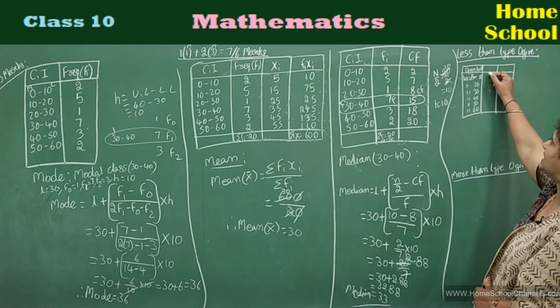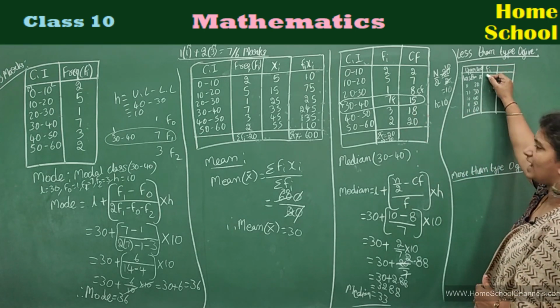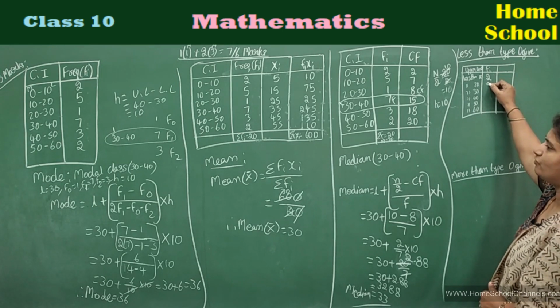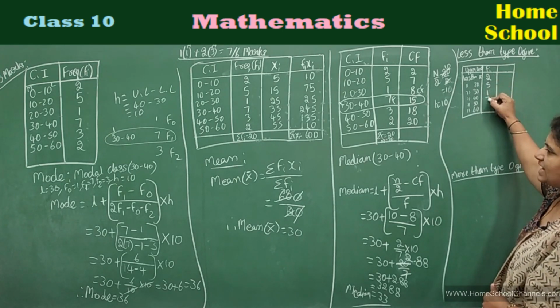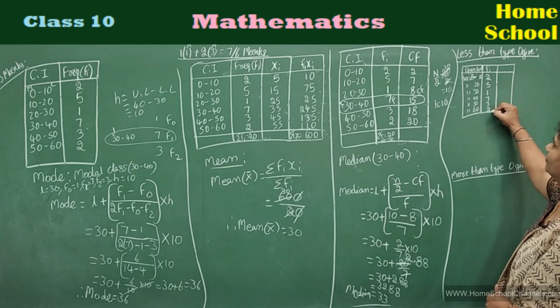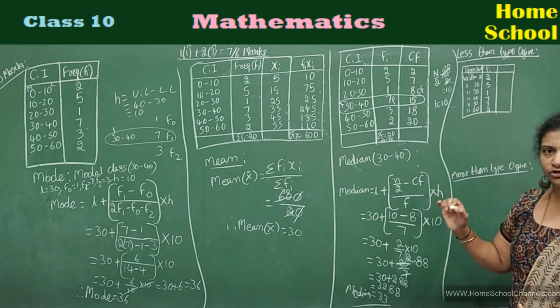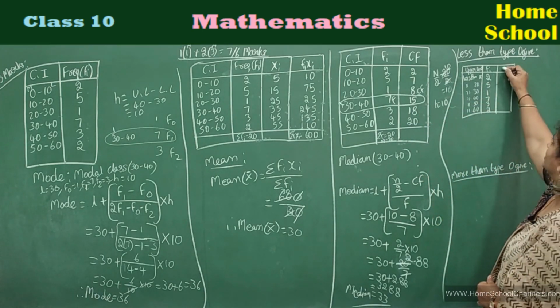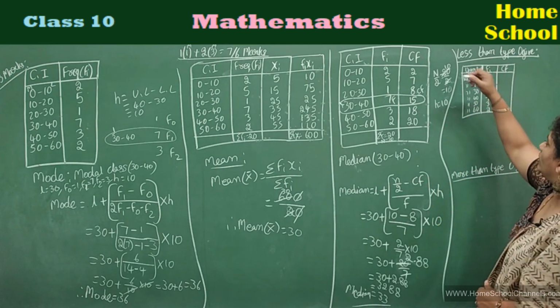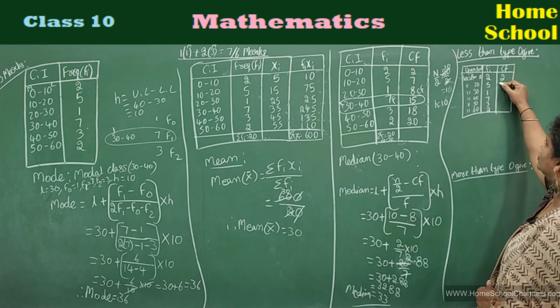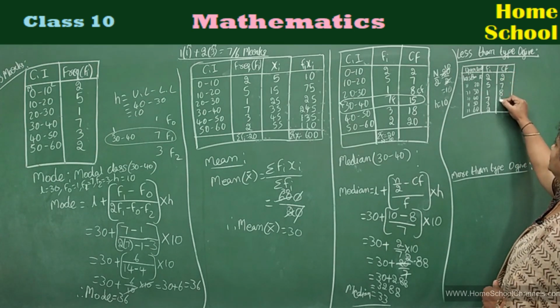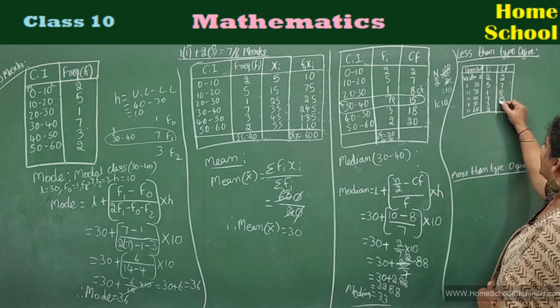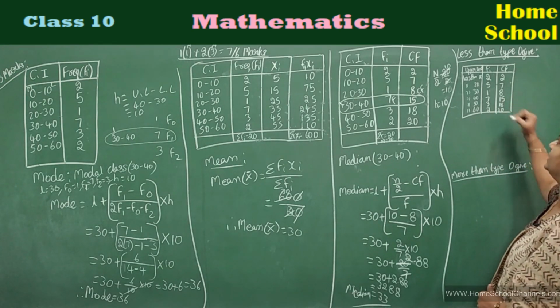Coming to frequency, take the frequency Fi as it is: 2, 5, 1, 7, 3, 2. And another column you need to draw, that is cumulative frequency. Same manner, cumulative frequency, what you got here? When you are adding: 2, 7, 8, 15 and 18, 20.